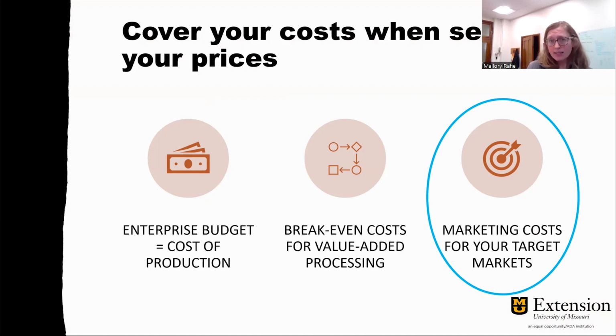There's an intermediate step for those of you who are selling a value added good. This is the additional cost you incur as you create a product from your produce or what you're raising in the field. And today we're going to look at this final piece, the market channel piece.